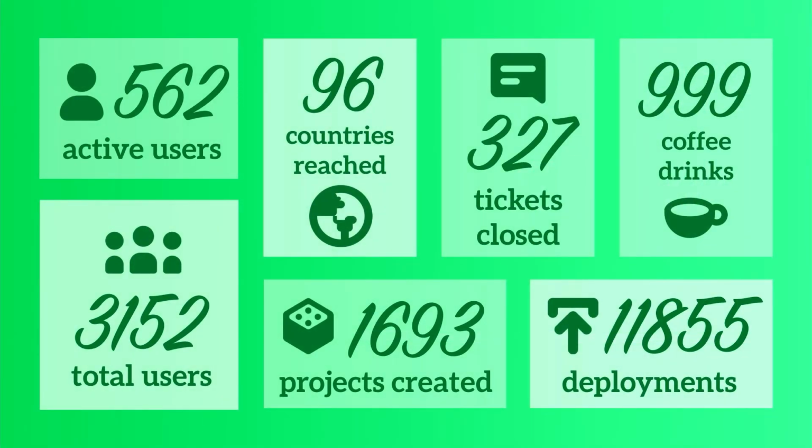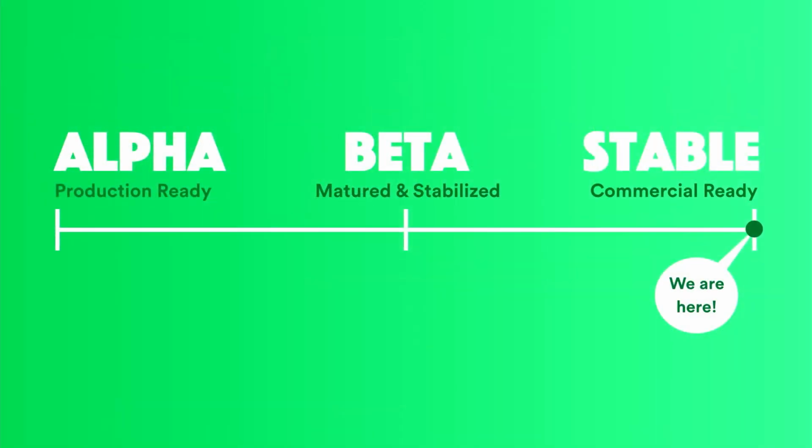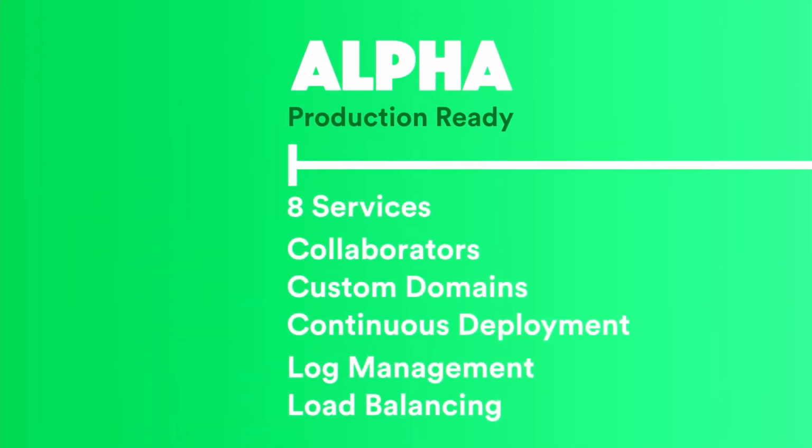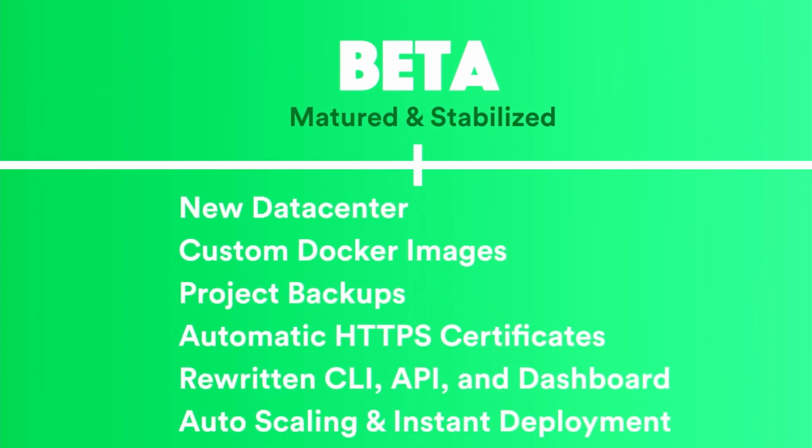So where we are right now. We have about 500 active users, people that signed up in the last 30 days. The total users, 3,000, many projects created, 11,000 deployments so far. We launched Alpha last year, and we launched with 8 services, collaborators, custom domains, all these features. 2 months ago, we released beta, which was much more stable, with many more features.